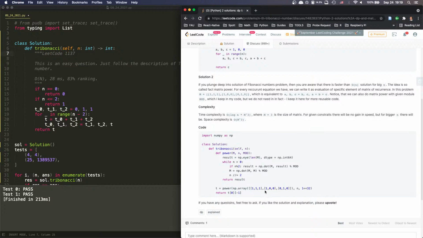How do we handle this multiplication? Let me see. I think I remember this. So it's 1, 1, 1, 1, 0, 0, and 0, 1, 0, right? So if I multiply myself, what do we get?